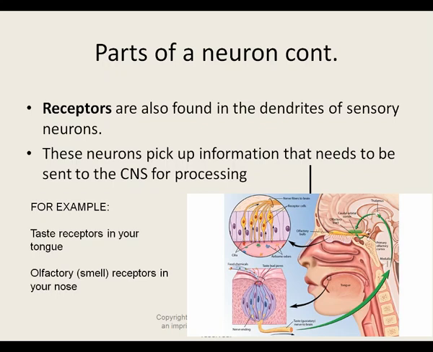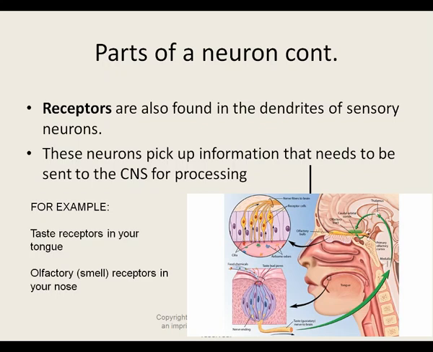For example, if you look at the diagram in the lower right, this is showing you the inside of the nose, and you can see that there are little dendrites buried down in the tissue of the nasal passages. And those little dendrites contain receptors that receive what we call olfactory information, or the sense of smell.